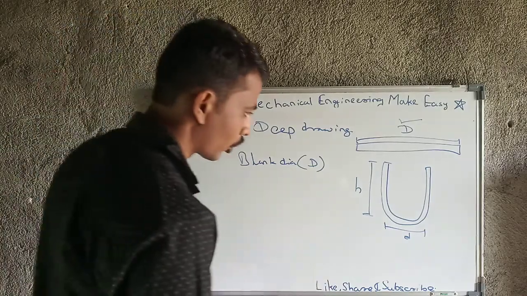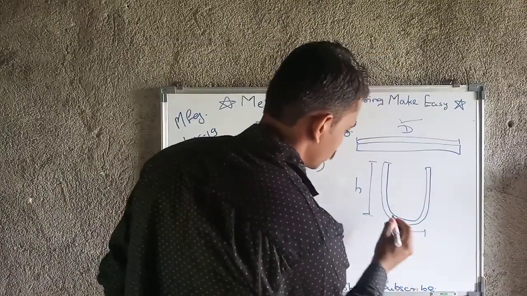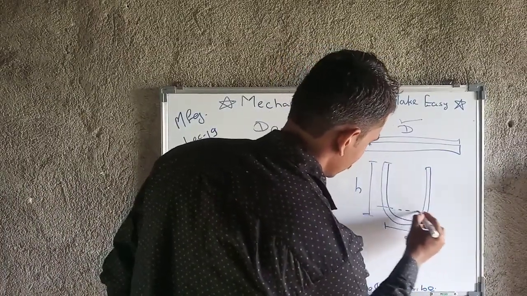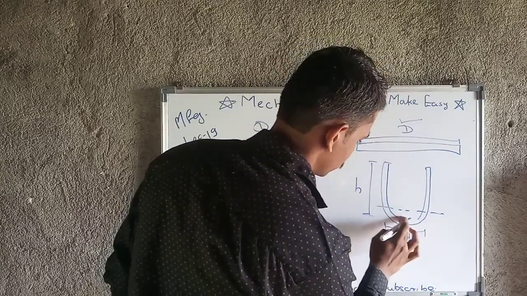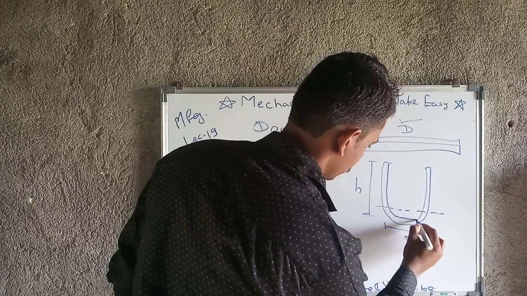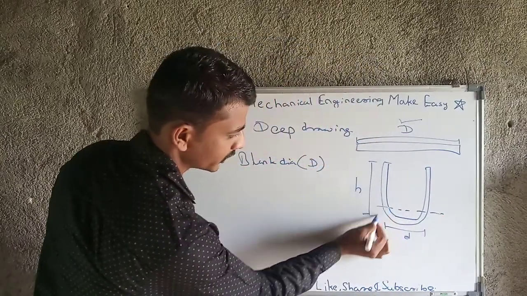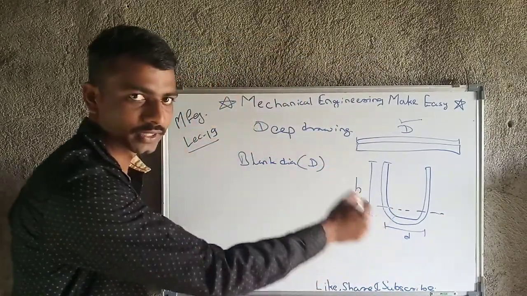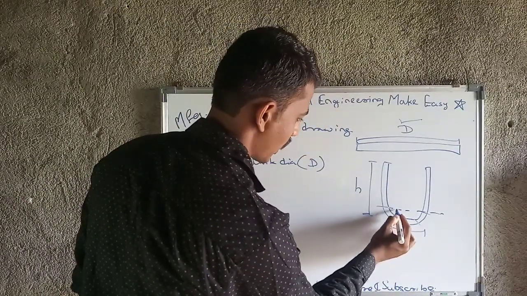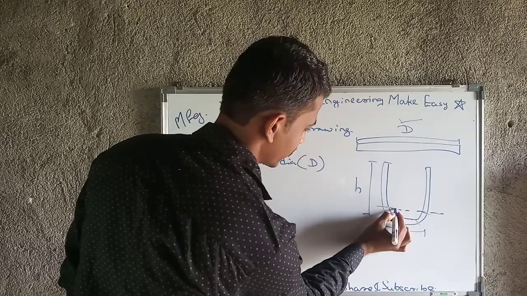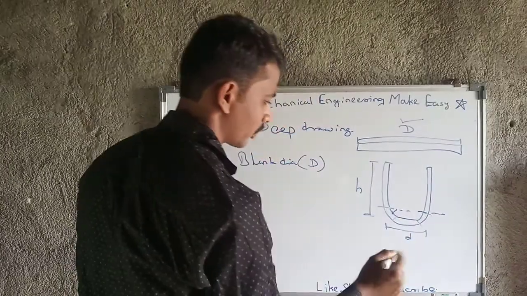So what is small r? From this point to this point there is one circular arc. Here also, from this point to this point there is a circular arc, which has its center here, and this is the radius of that.